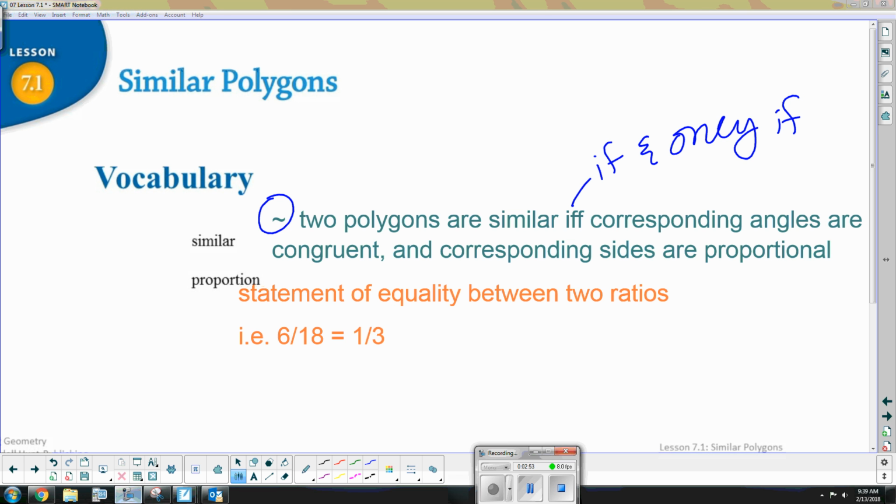And our definition of proportional that we're going to use in this statement is a statement of equality between two ratios. For example, the ratio 6 to 18 is equivalent to the ratio 1 to 3. Those are two equal ratios, which means those two are a proportion.